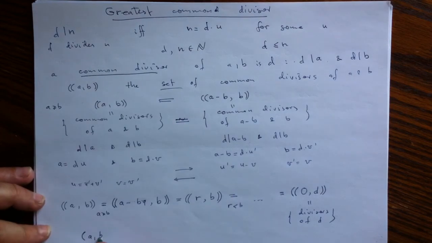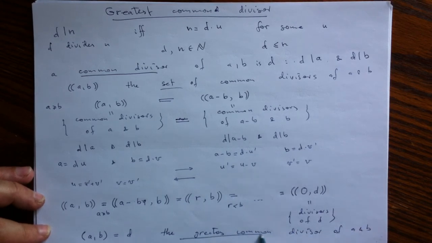And the notation for this greatest common divisor will be just a single bracket. So this is D, the greatest common divisor of A and B. So we argue that it exists, and we actually have a process of computing it, which is called Euclid's algorithm.